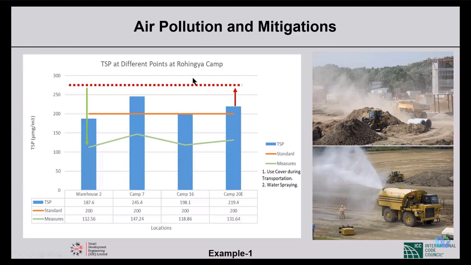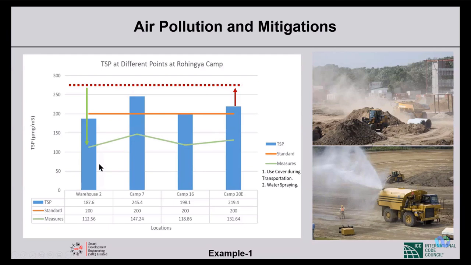And if we do the mitigation, which we said, covering, and also watering and keeping sand in different places, damming, then we are able to reduce from the dotted red lines to the green lines. So that is our target.